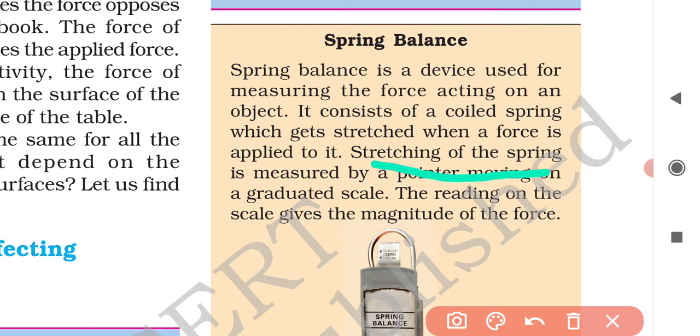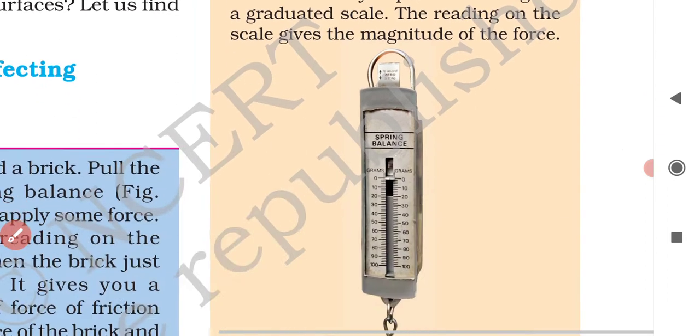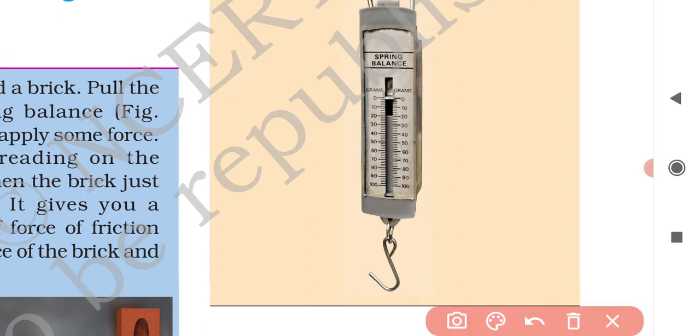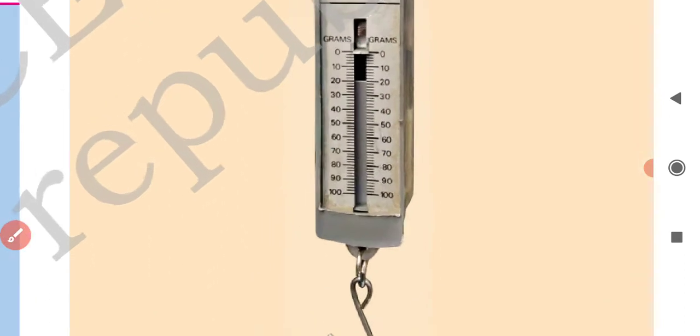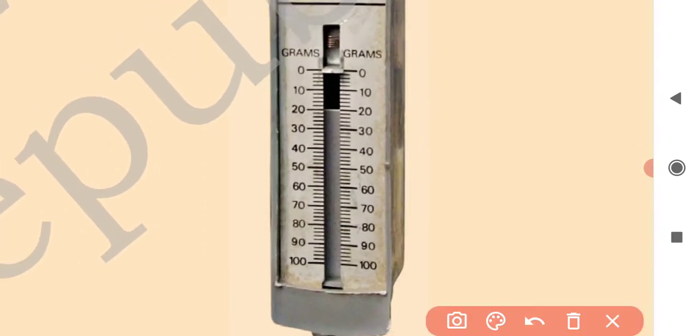Stretching of the spring is measured by a pointer moving on a graduated scale. As you can see from here, this is the pointer. So when we stretch the hook, then the spring will also get stretched and the pointer will move and mark the readings of the spring balance.